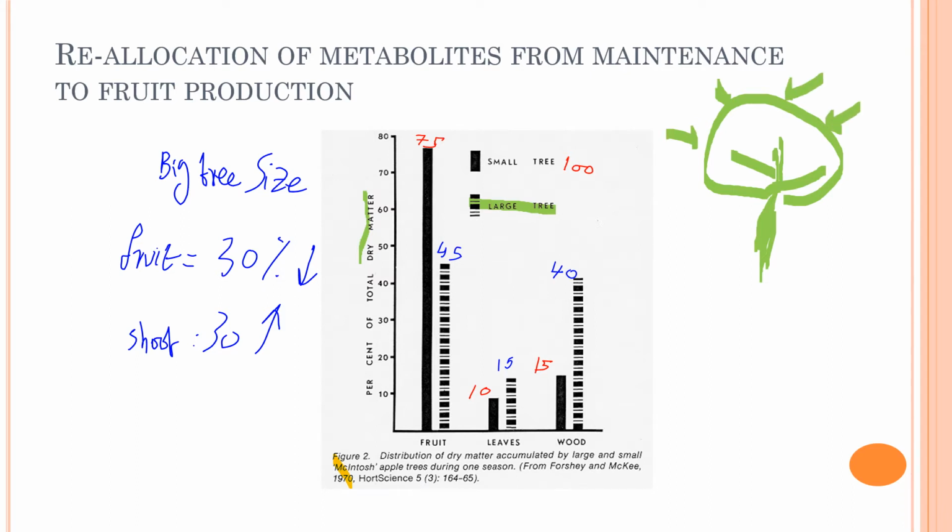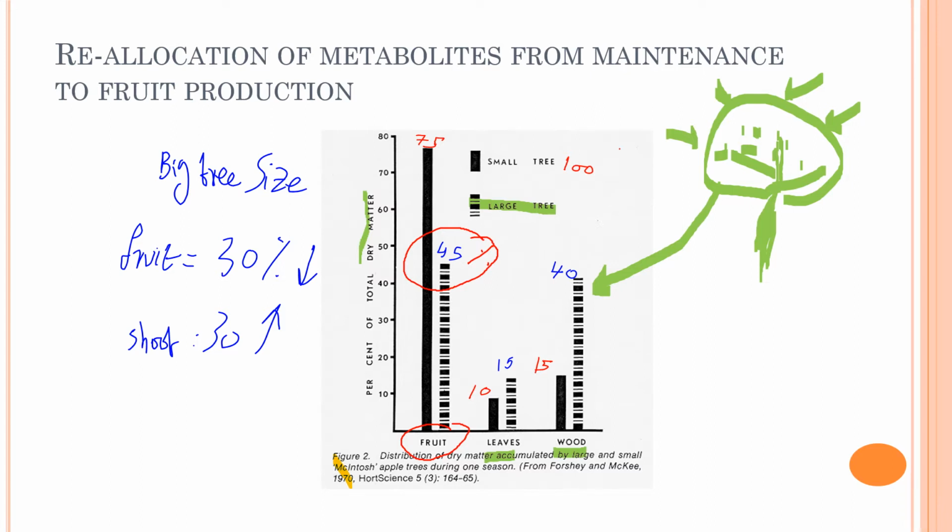Most of it is going to go to the wood and the leaves, because it has too much wood and so many leaves here. And so only what's left is only 45% goes to the fruit. Of course, we always grow trees because we want to harvest the fruits. But here, only 45% goes to the fruit.